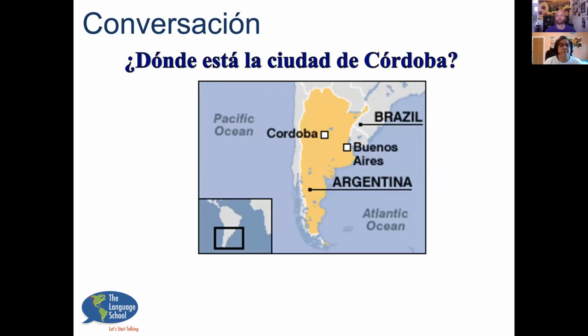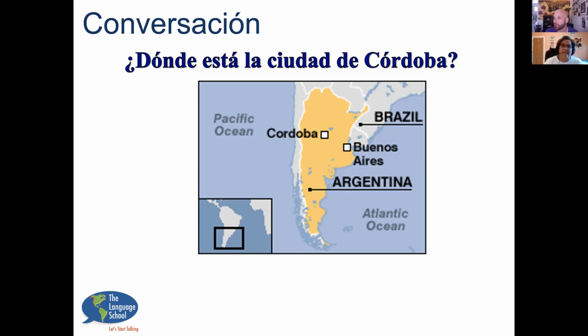¿Dónde está la ciudad de Córdoba? Sí, la ciudad de Córdoba está... okay, where am I? Is it here, aquí in Argentina, or allí in Argentina? I'm not saying where are we, I'm saying where's the city of Córdoba.